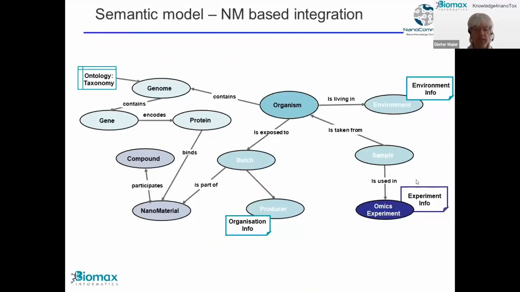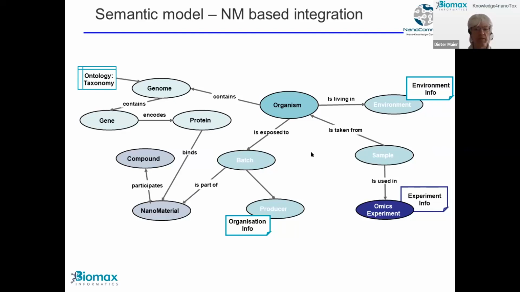An important aspect of this kind of multiple activity is that we use something called semantic modeling to bring together all that disparate information. So basically we assume some basic concepts like a nanomaterial or a batch or a protein interacting with a nanomaterial, and how they are associated with each other.